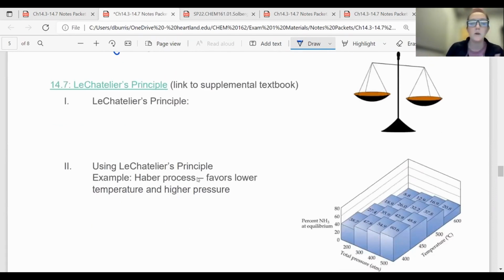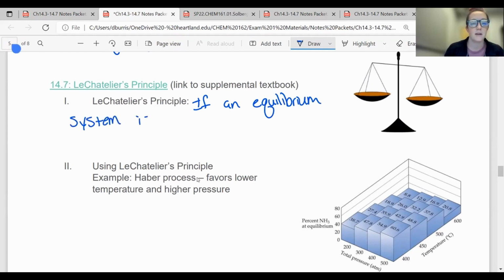All right, so Le Chatelier's principle is actually very simple. It is for an equilibrium system. If an equilibrium system is stressed, and I'll talk about what that means in a minute, it is going to shift.